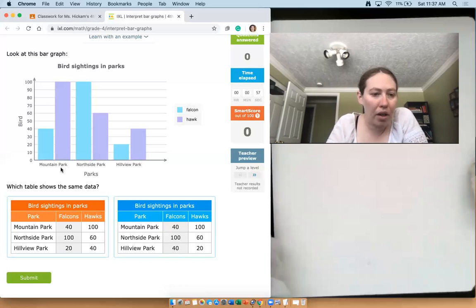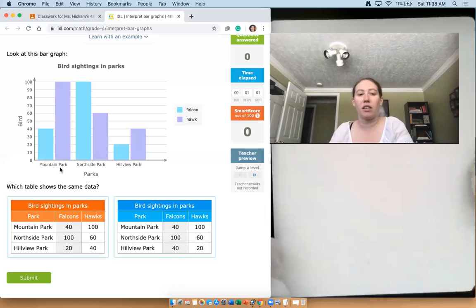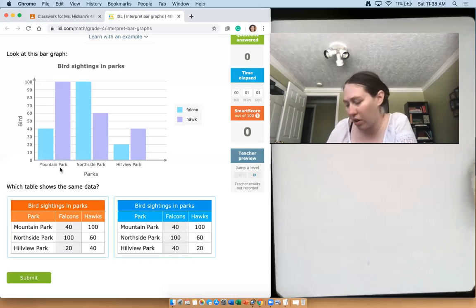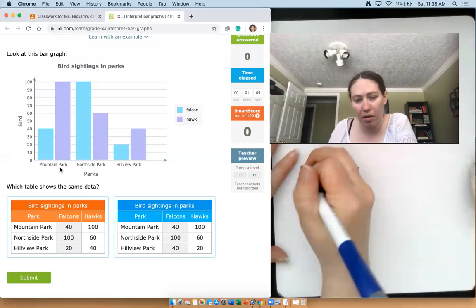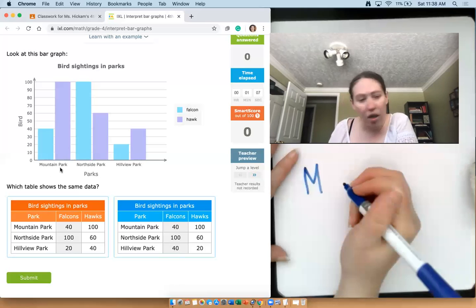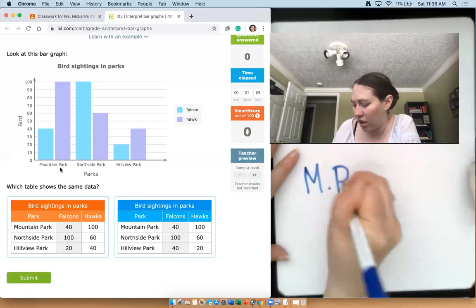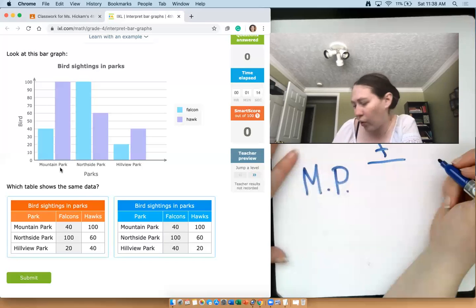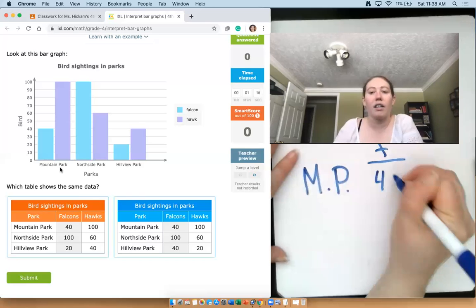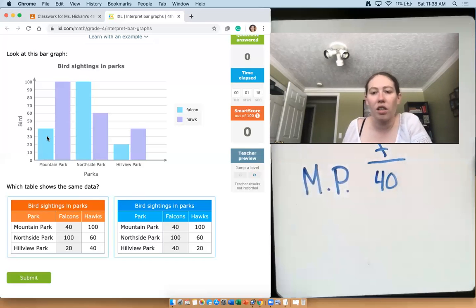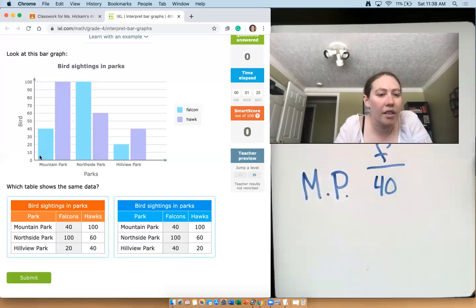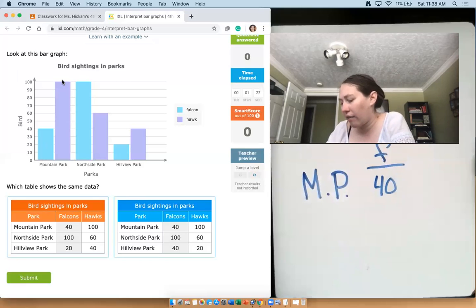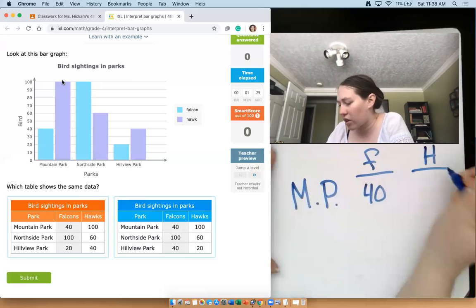So for Mountain Park, based on this, falcon equals 40 because I look here and I go up and it goes to 40. And then hawks go all the way up to the top of the graph, which is 100.